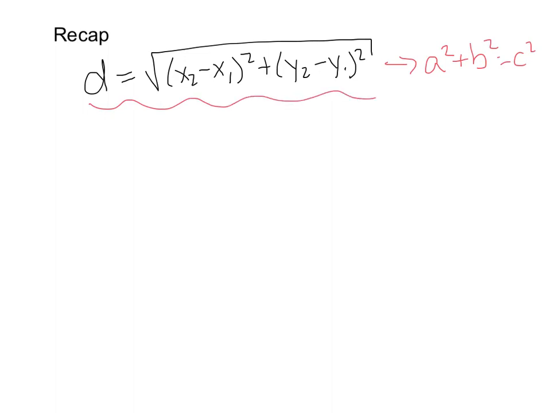Alright, and then we also looked at midpoint. And the midpoint can be found using the formula of the average of the x's and the average of the y's.